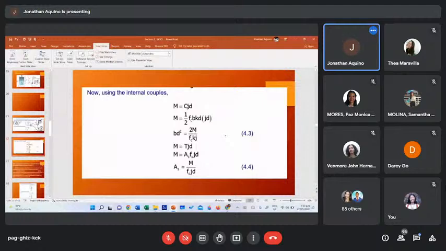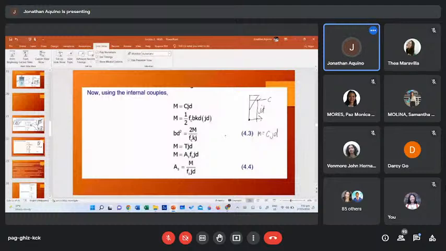So ito yung JD. So if we take a moment about the central steel reinforcing bars, M is equal to the compression times JD. Or just simply the compression is the volume of the triangular portion.